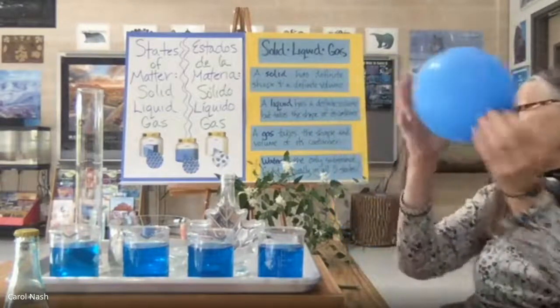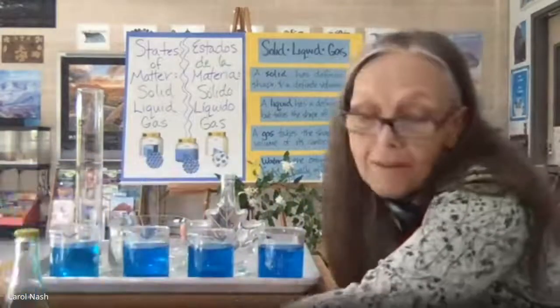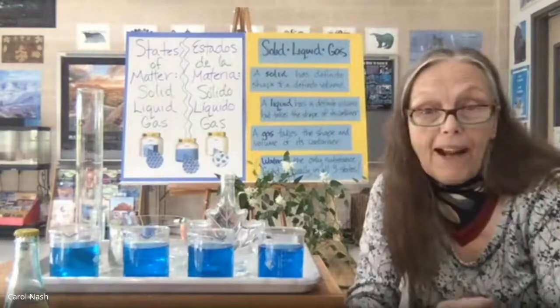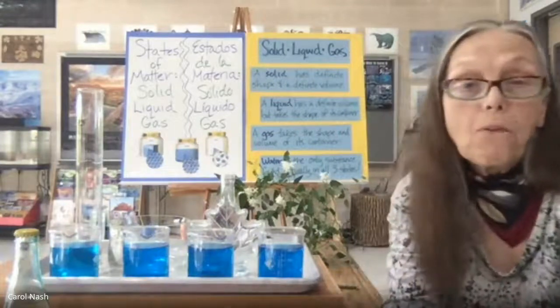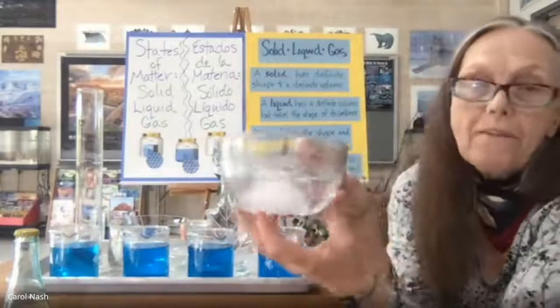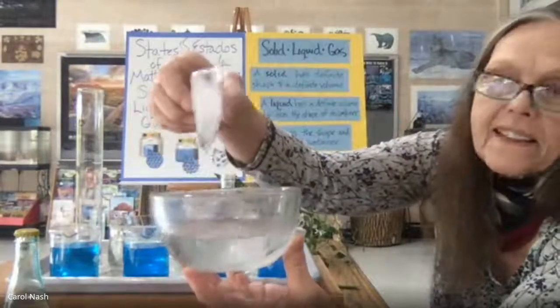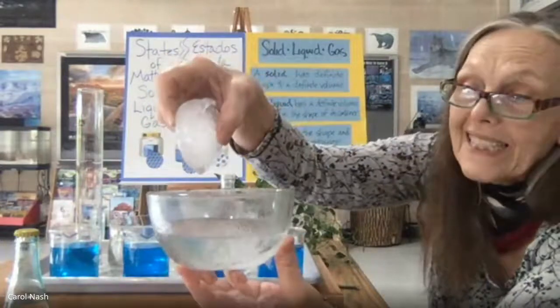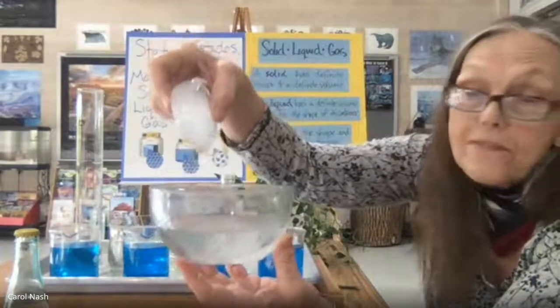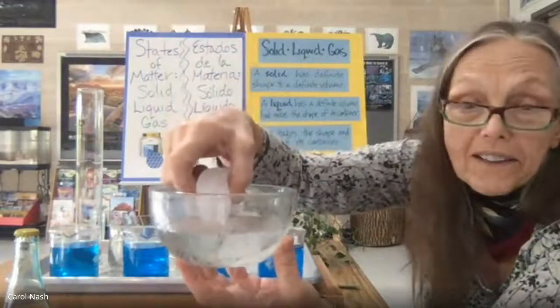and it filled it. There's only one substance that's found in all three states naturally on our planet, and that would be water. So I have a bowl here, and I have a piece of ice that's melting, and as it warms up, it's going to become water.